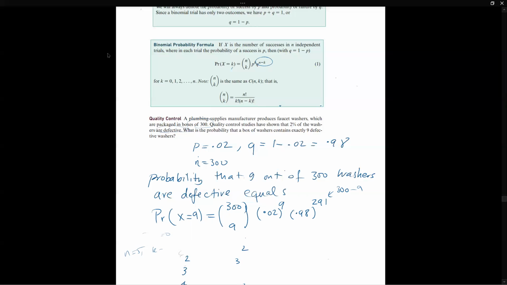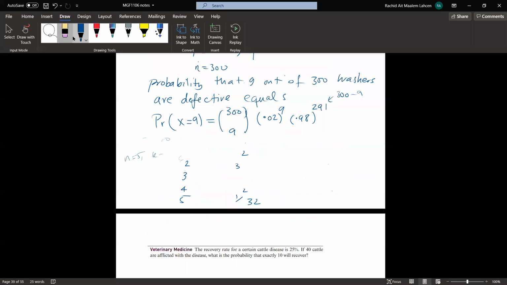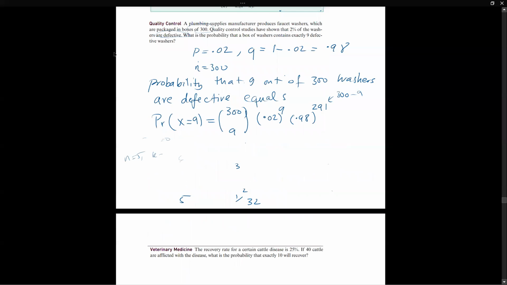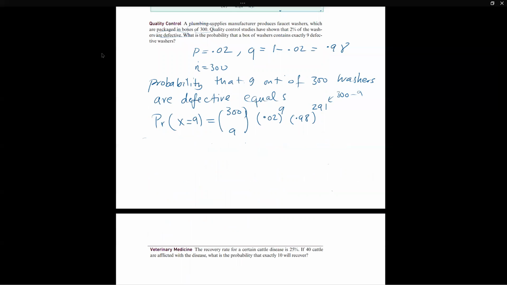As I recommended previously, for these you will use the calculator to set up instead of using the formula each time. And I also showed, if you want to use the formula, how you calculate these. Sometimes they take time to do by hand. So for these, it's recommended to use technology pretty much.